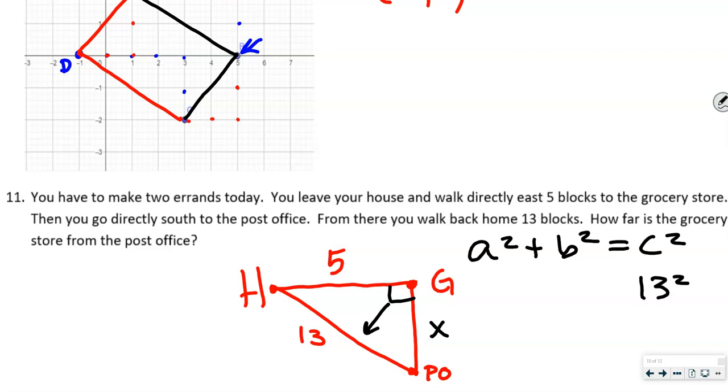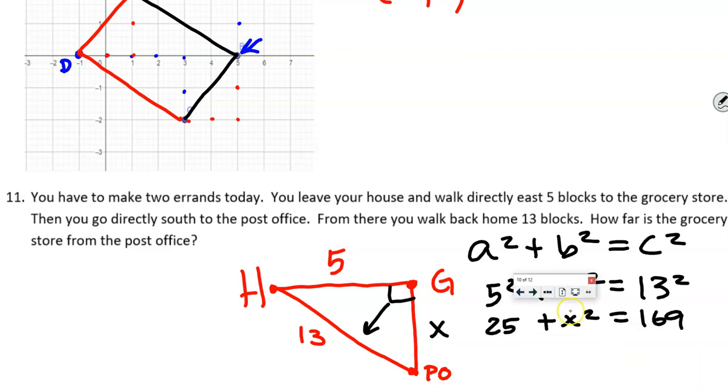How far is the grocery store from the post office? Okay. So I'm just going to put my 5 squared here plus my x squared and set that equal to 13 squared. 5 squared is 25. 13 squared is 169. Going to subtract the 25 from both sides.